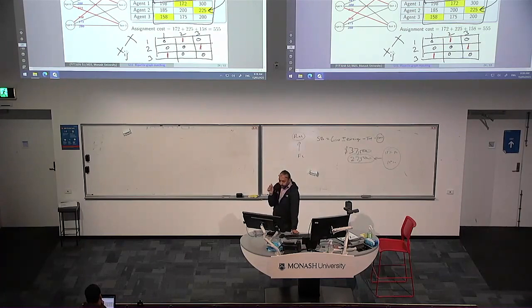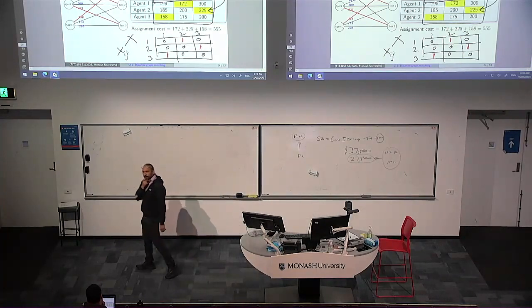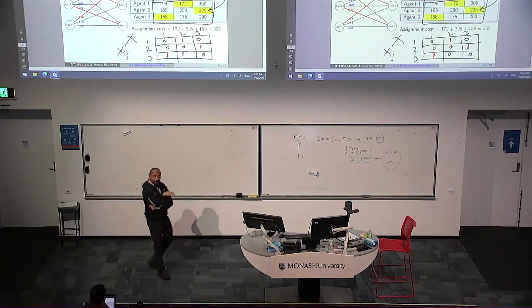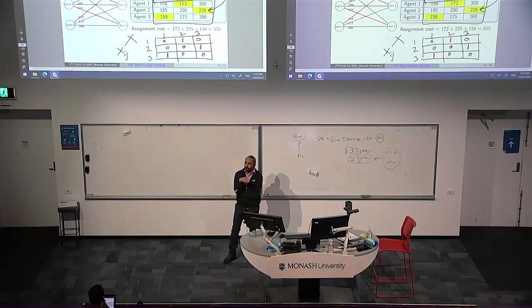So if I look at the values of Xij in the first row, how many ones should I be able to see in the first row? It has to be 1, isn't it? Every agent has to be assigned to one task. That's a constraint for matching. So if you sum up all the elements in the first row, you should get 1 because there's only one instance of 1 and everything else is a 0.